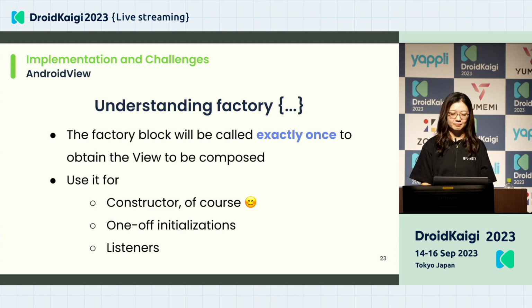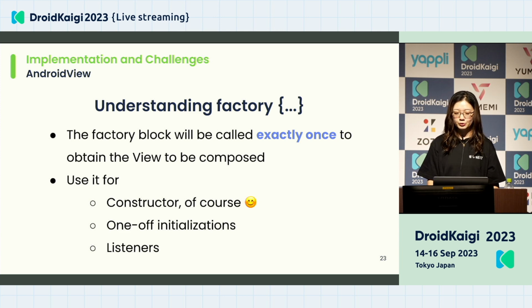To check the question in more detail, let's check how the code works. Firstly, for the factory block, the original code says it will be called exactly once, when the AndroidView is created.